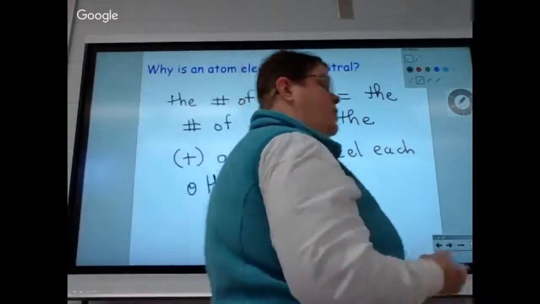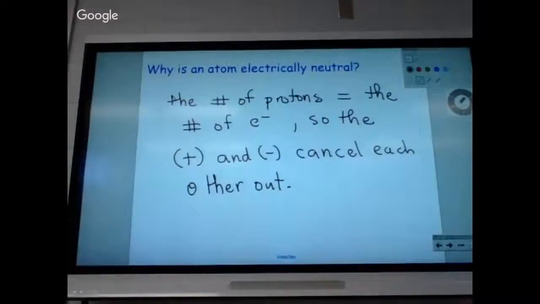Okay, so y'all are right when you say they cancel each other out. Now, I'm not going to go into how many positive and negatives there are, because we're going to do that later when we study the chemistry unit and we do the periodic table.